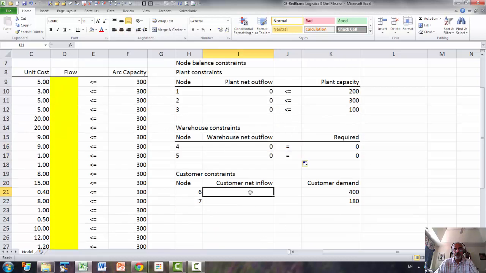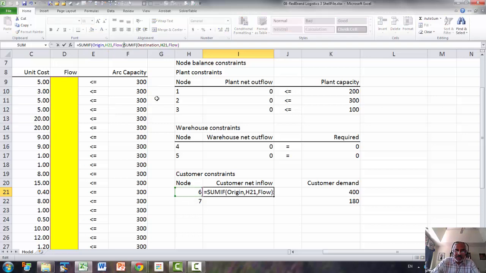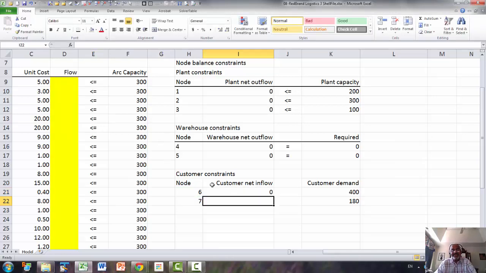Now inflow, let's take the outflow from here and copy it and change it to an inflow. So now what's coming in gets a plus and what's going out gets a minus. So you get net inflow. And that should be equal to the demand. Now let's align this.